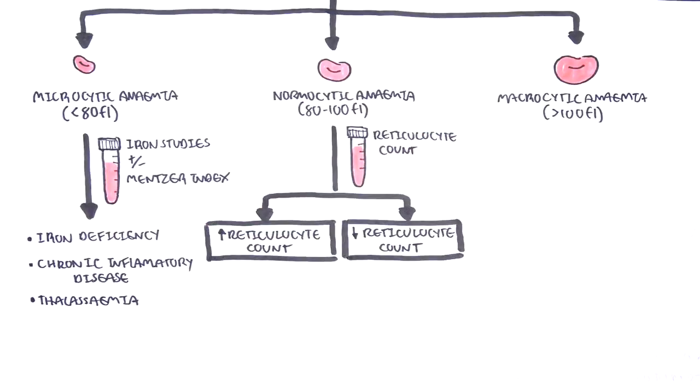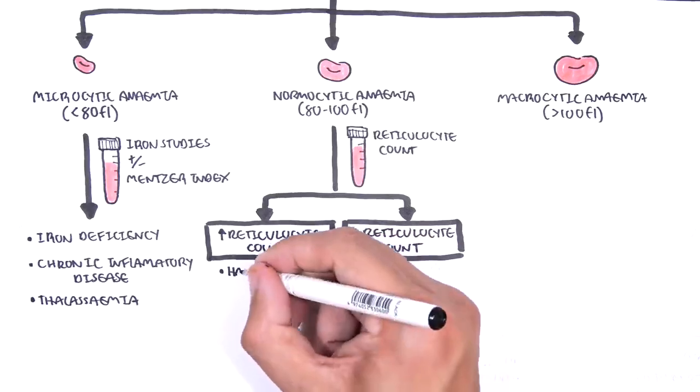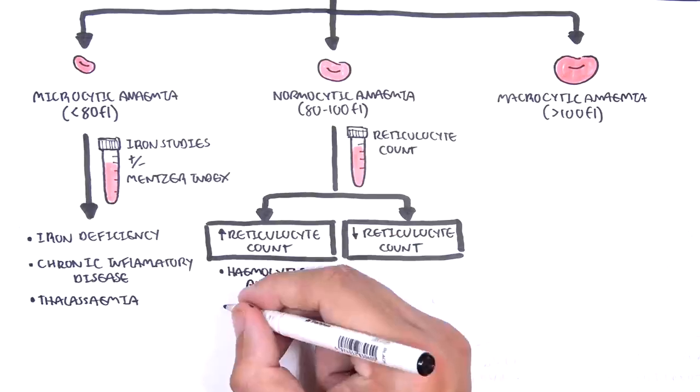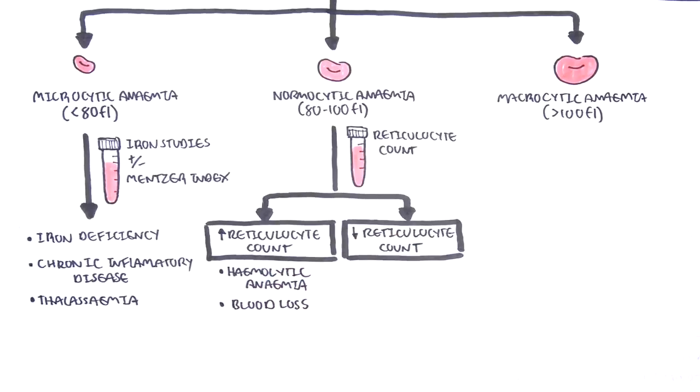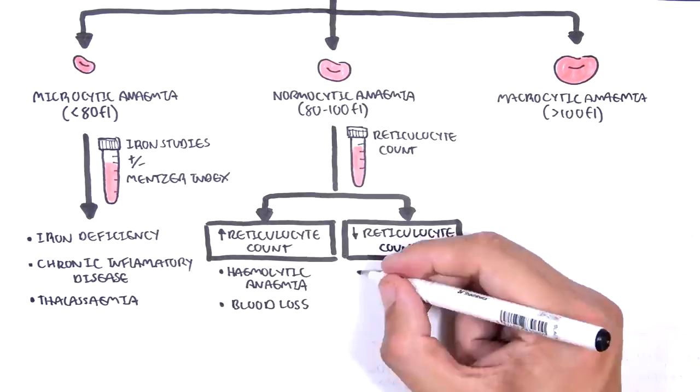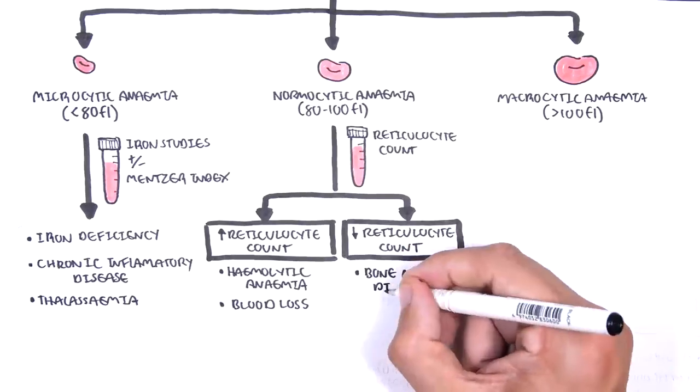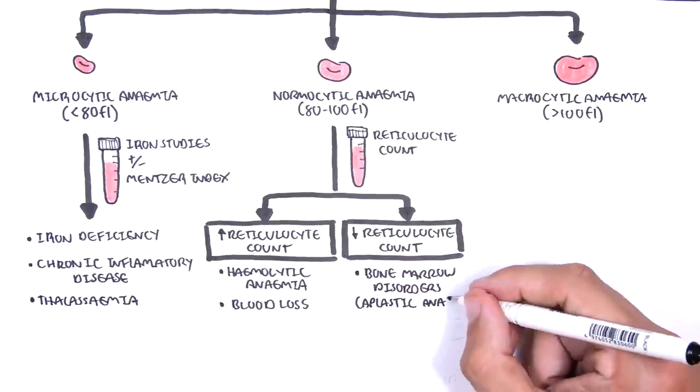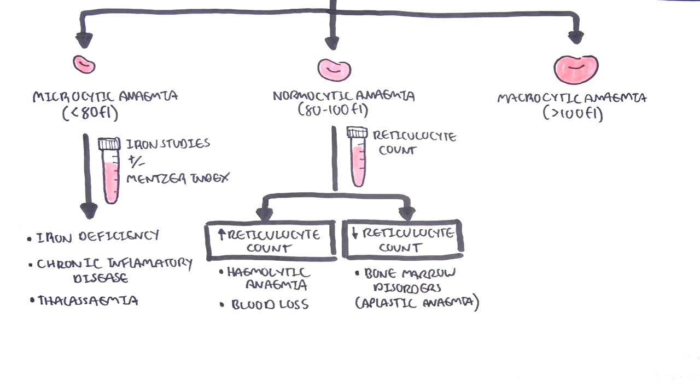If it's a high reticulocyte count, this can mean a hemolytic anemia or blood loss, because the body is trying to compensate and produce more reticulocytes to replenish the red blood cells that are lost. If the reticulocyte count is low, this could signify a bone marrow disorder such as aplastic anemia, because the bone marrow is unable to produce adequate amounts of red blood cells.